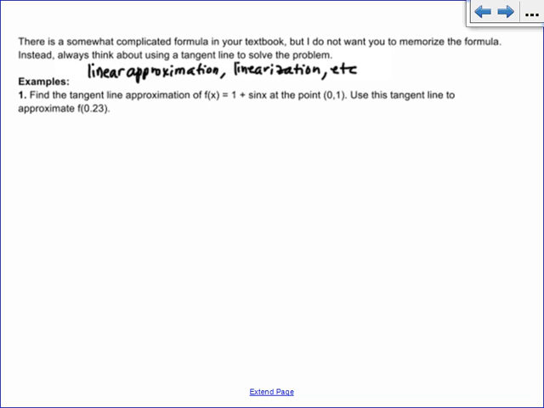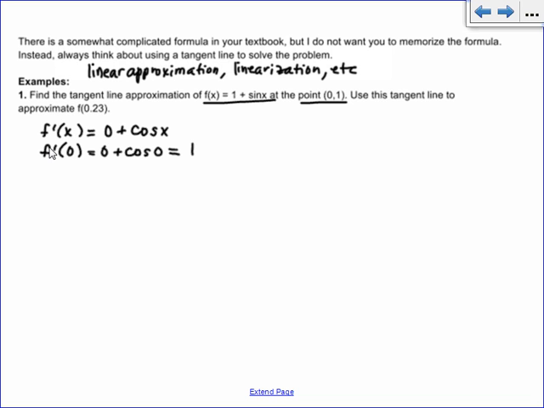It says find the tangent line approximation of f of x equals 1 plus sine of x at the point (0, 1). If we're finding the tangent line, we need to know the slope and the point. We have the point. We're going to get the slope from the derivative. f prime of x is equal to 0 plus the derivative of sine, which is cosine. We're going to use x equals 0, so I have cosine of 0, and cosine of 0 is 1.